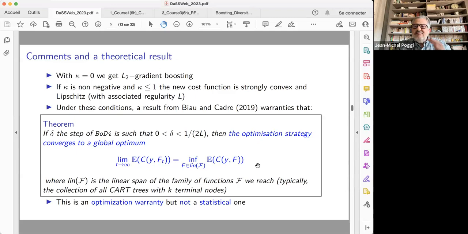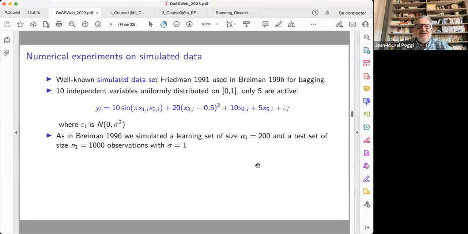Okay, so now I propose to dive into experiments, starting with a very, very simple example due to Friedman. It's a simulated data set, which was used by Breiman in his paper introducing bagging in the middle of the 90s.